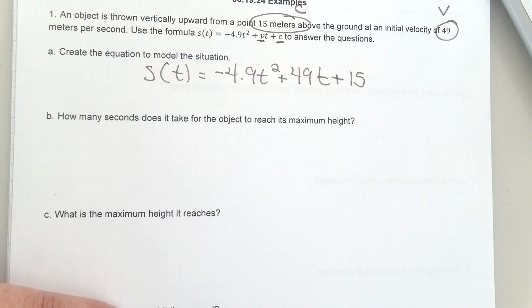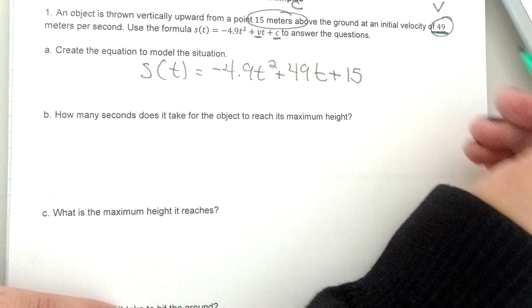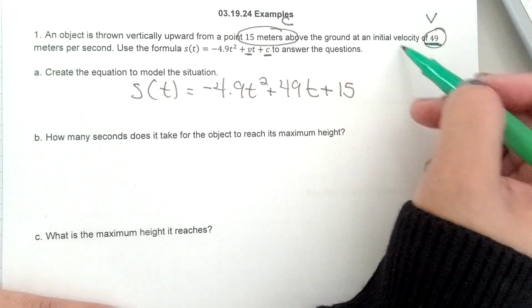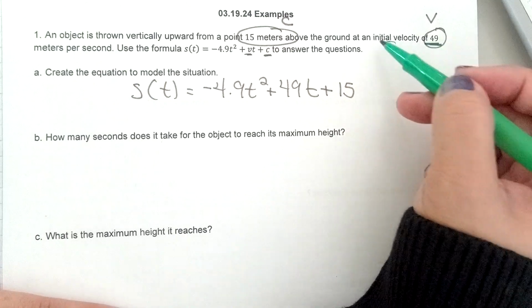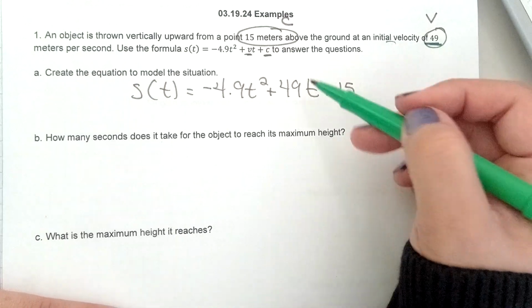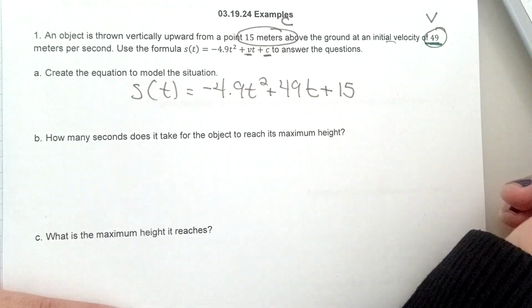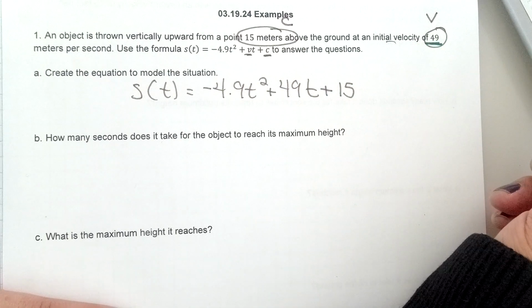Let me just figure out how you create all this. She tells you 49. It says initial velocity, and in your notes I said initial velocity was v. So I just substituted in 49 for v. Right there at the beginning where it says negative 4.9.